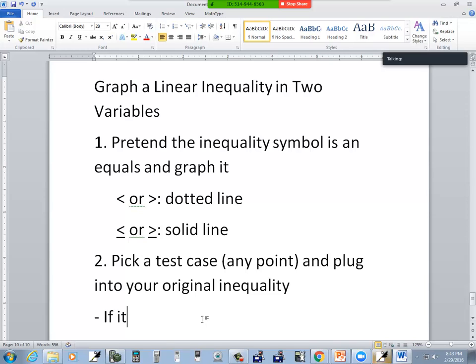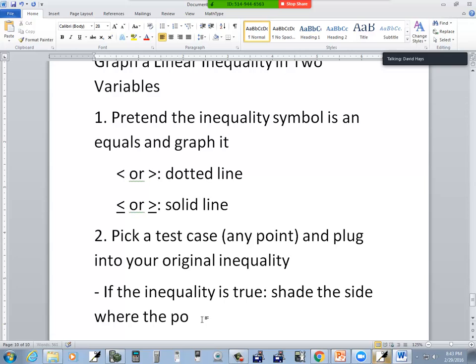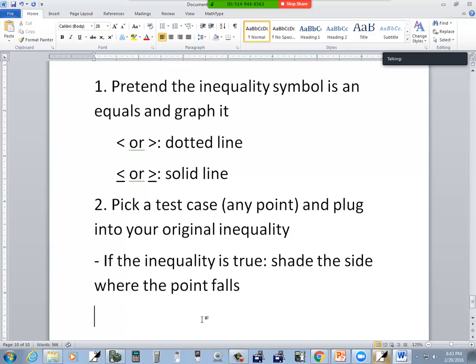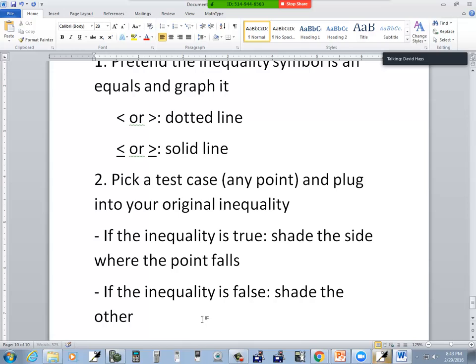If the inequality is true, then shade the side where the point falls. If the inequality is false, shade the other side. If you're writing those down, I'll give you a minute.